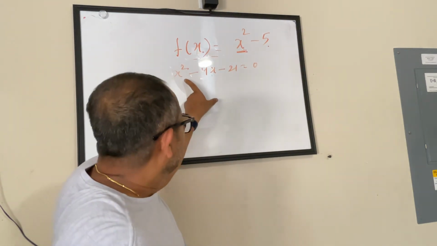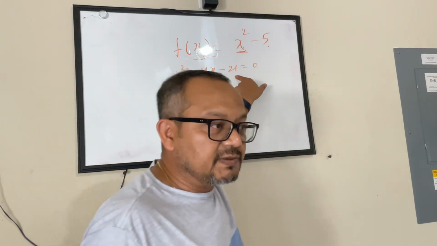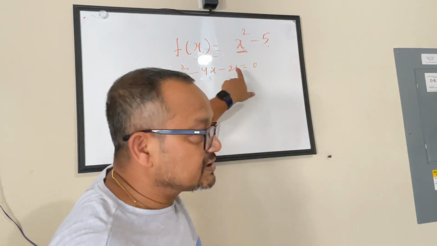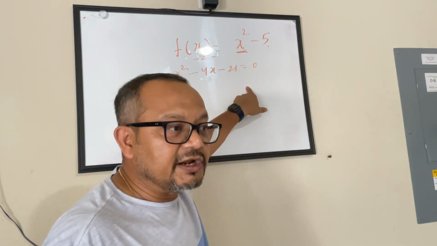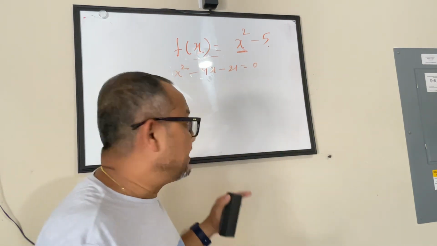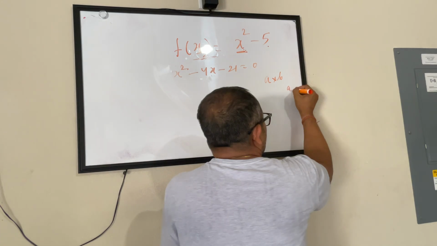Now, a square minus something. So this is not a plus b whole square for sure. This is not a minus b whole square either. So we have to go to the second option that we have, a into b, ab.